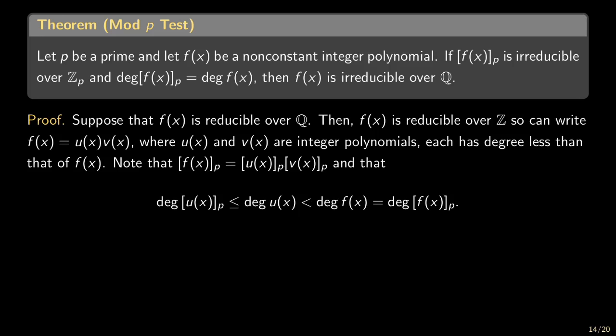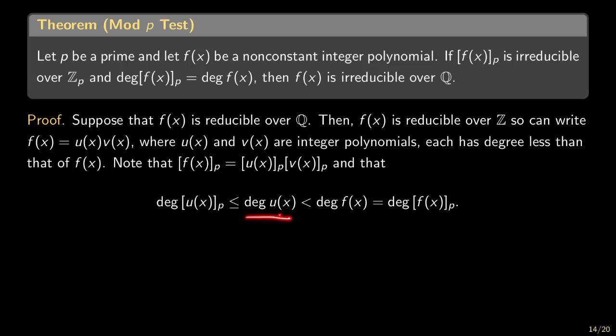So, reducing modulo p, because the reduction modulo p is a homomorphism, this will happen. And when you look at the degree of the reduced form of u(x) modulo p, it cannot exceed the degree of u(x) because this is where it came from after the reduction.